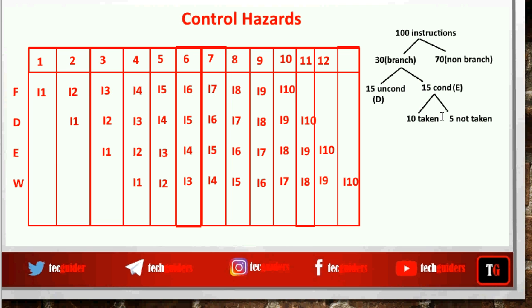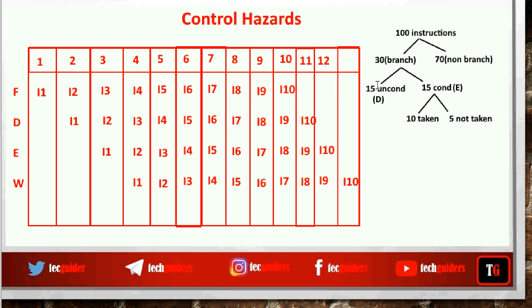Now, what is the effective clock per instruction? We have 100 instructions, 70 are non-branch instructions, 15 are unconditional branches, 10 are taken conditional branches and 5 are not taken conditional branches. And the unconditional branches are always taken and hence there is always wastage of CPU cycle.